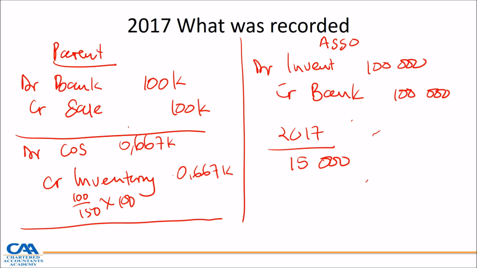For the inventory which was sold out, we don't have any issues because the profit which was made was realized. So when you look at what profit the parent made, the parent had sales of 100,000 and cost of 66.667, which means they actually made a profit of 33,334. Of this profit of 33,000, are they supposed to recognize all of it?